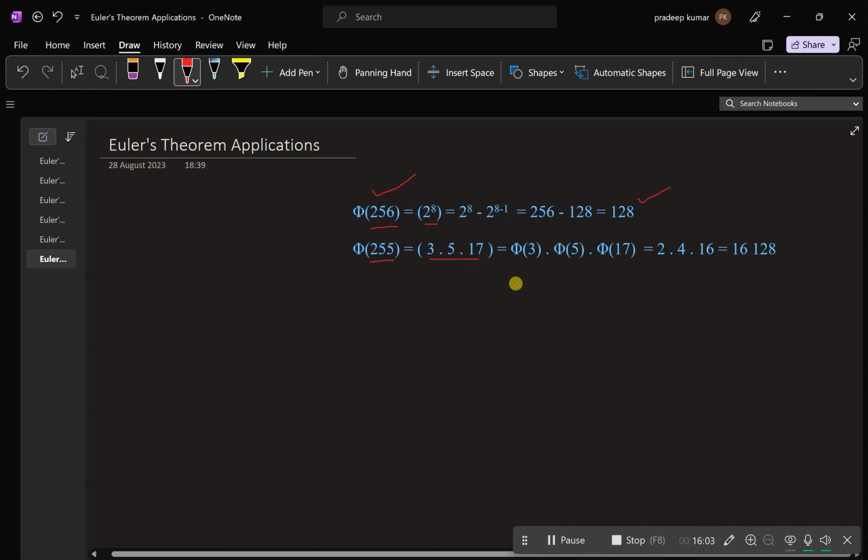If you take the phi value for the individual factors, phi of 3 into phi of 5 into phi of 17. All these are prime numbers, isn't it? If they are prime numbers, we simply subtract 1. So 3 minus 1 is 2, 5 minus 1 is 4, 17 minus 1 is 16. So 16 into 4 into 2 is 128.